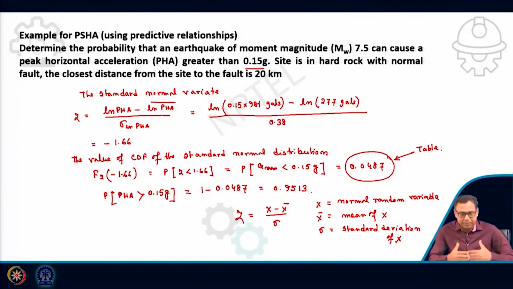Then you get the probability, for a particular earthquake of this magnitude, of acceleration greater than 0.15 G by using these attenuation or predictive relationships that I have shown.